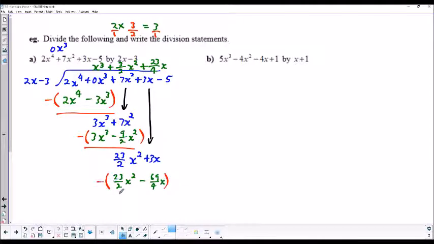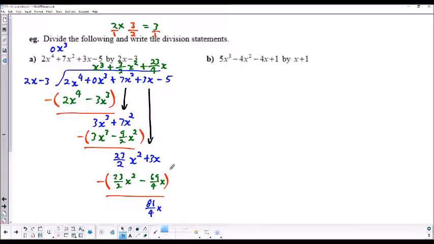Bracket, subtract. 23 halves x squared minus 23 halves x squared, that just disappears. 3x minus negative, so again plus 3x plus 69 over 4. So 3 is 12 over 4 plus 69 over 4, which gives us 81 over 4x.